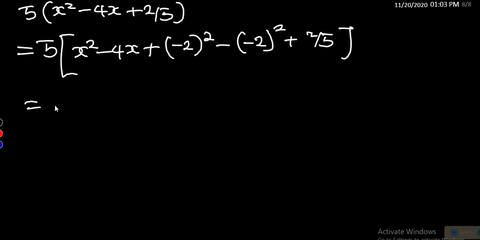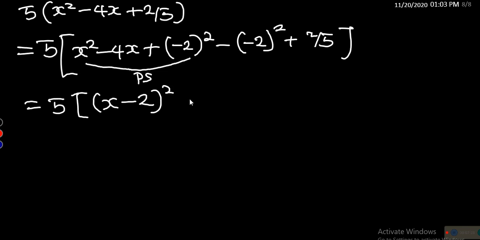So this is 5 into, of course, again, this is a perfect square, so we can factorize it to (x − 2)² − 4 + 2/5.